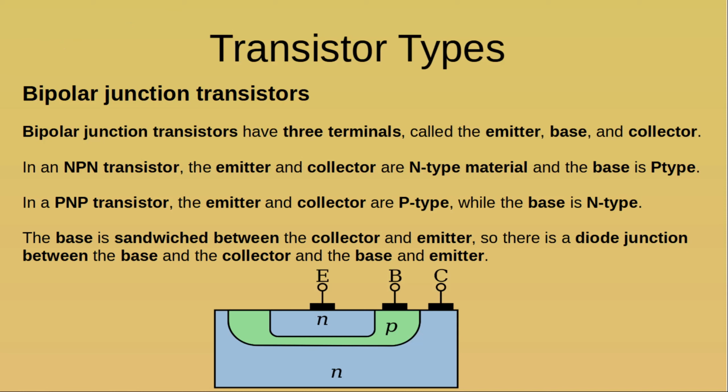This is the symbol that you'll see on a schematic for an NPN, where the diode, the little triangle down there between the base and emitter, is going from the base, which is P material, to the emitter, which is N material. In the PNP, it's just the opposite.